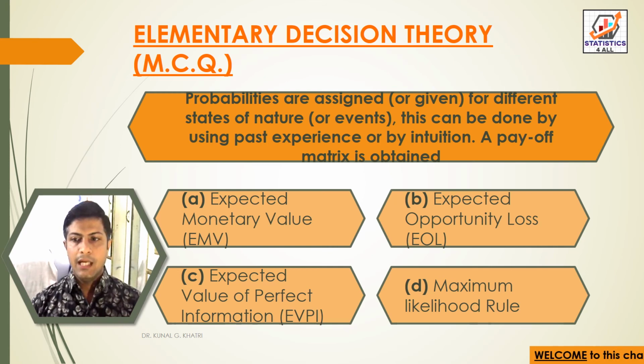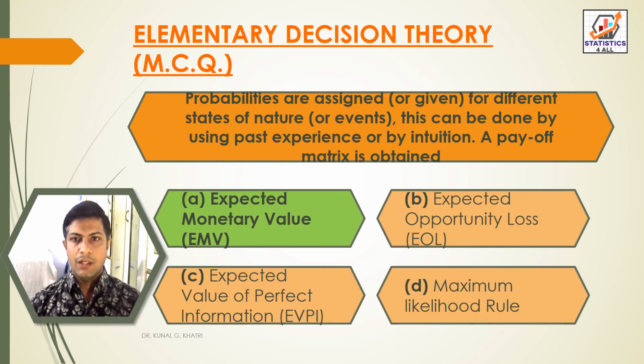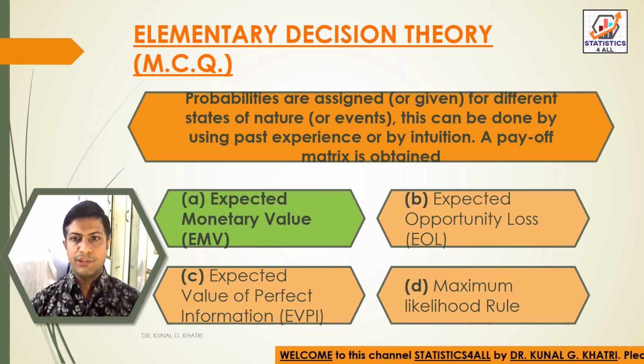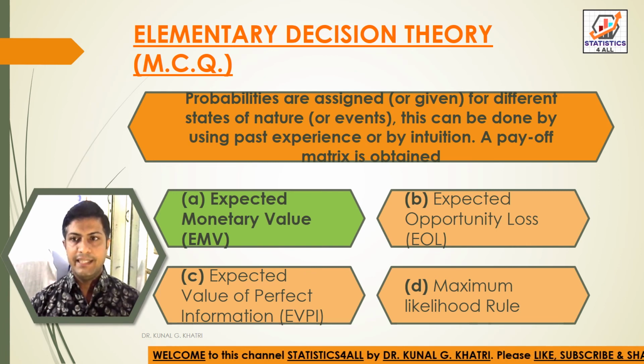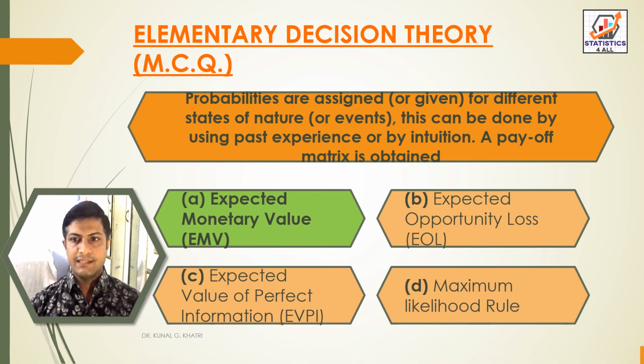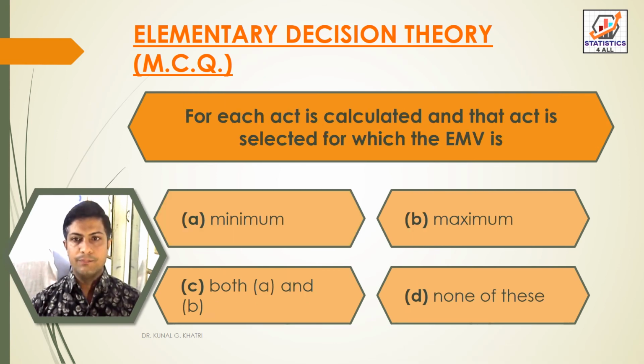And option D, maximum likelihood rule. So here we have answer option A, that is expected monetary value. Probabilities are assigned or given for different states of nature or events. This can be done by using past experience or by intuition. A payoff matrix is obtained, that is expected monetary value.